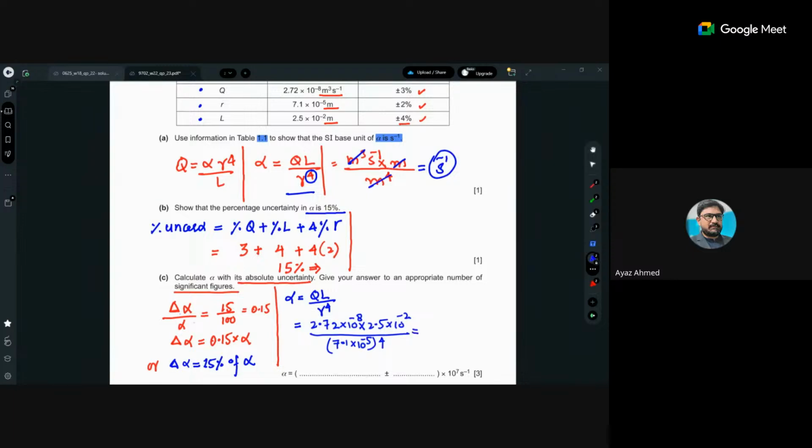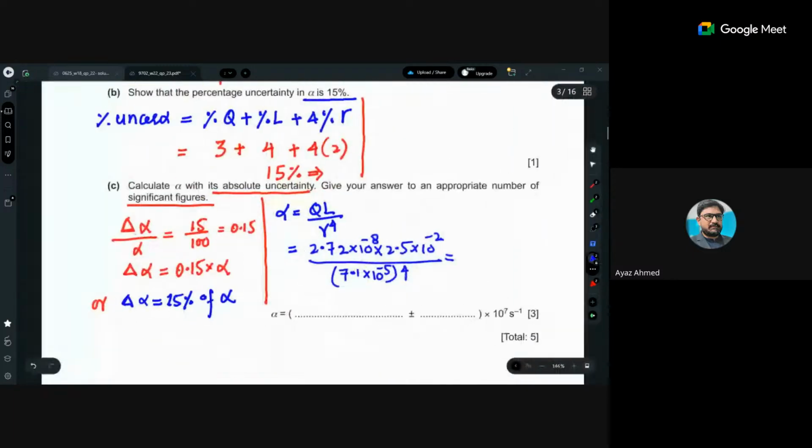So when you calculate this all, you will get a number over here. It would be almost 2.7 into 10 power 7. So this is that number, which is basically alpha. Now I would use this number in this equation.